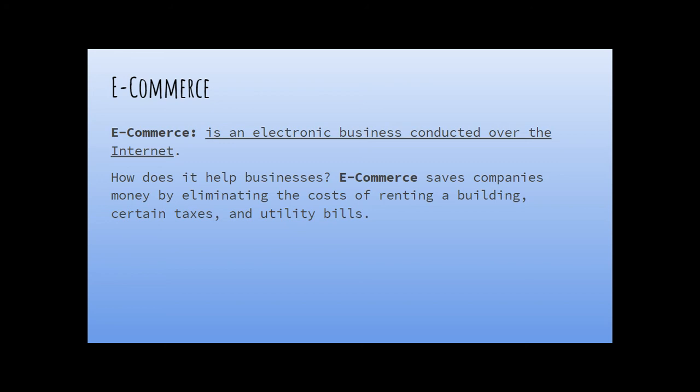Those electrical bills, power and water, are going to rise. And then also, they're going to have to pay property tax, certain taxes on that building. But e-commerce eliminates all of those costs because it all goes online. Now they're working from home, they're working somewhere where they don't have to pay the same fees and bills that you would if you had a building.